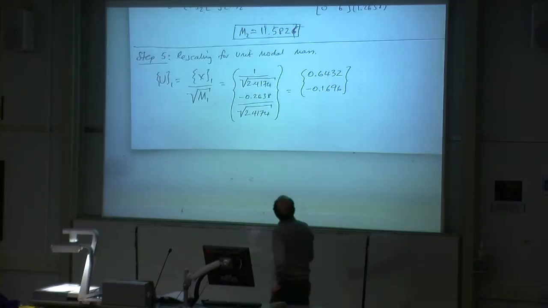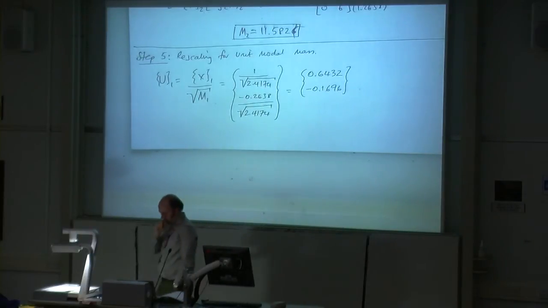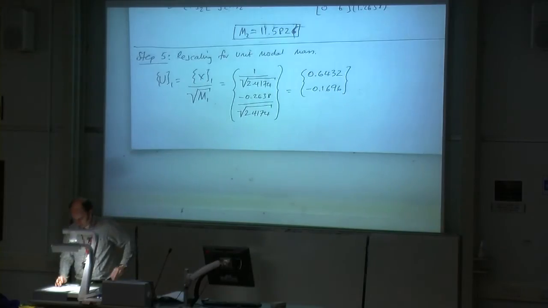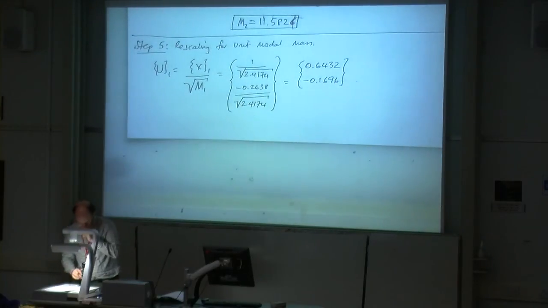So if you do the sums, you get 0.6432 and minus 0.1696 as u1.